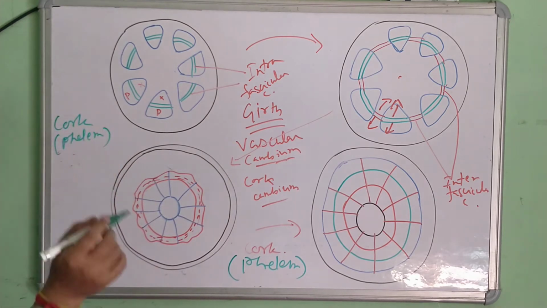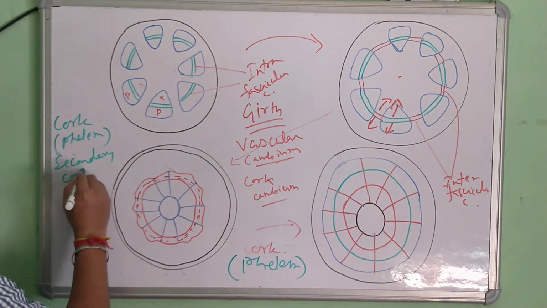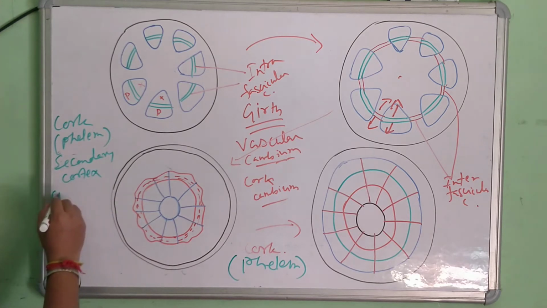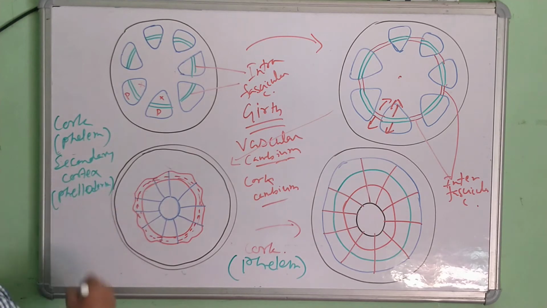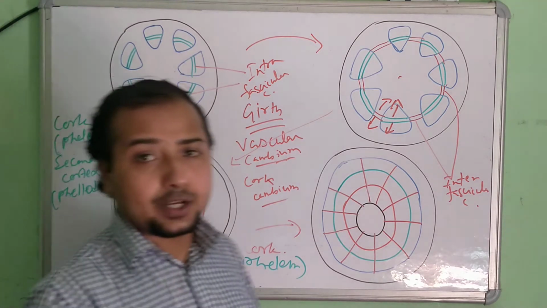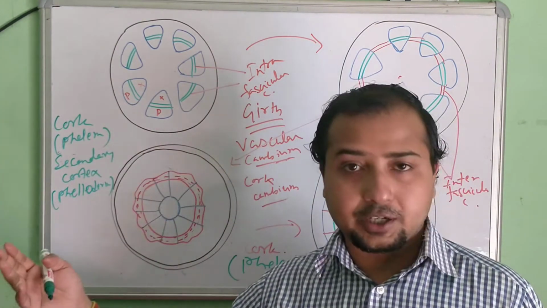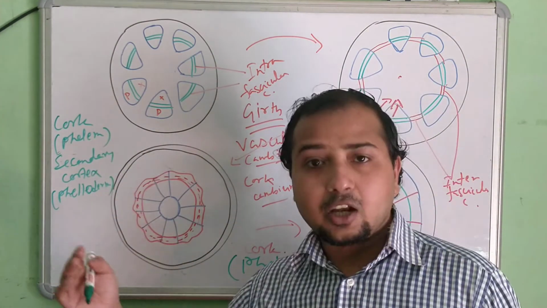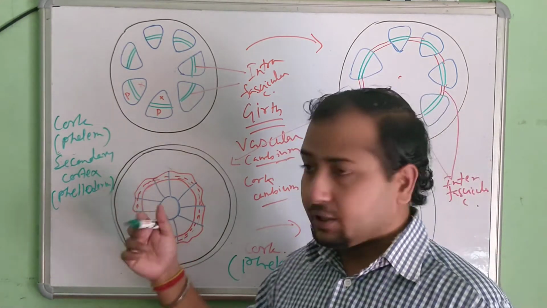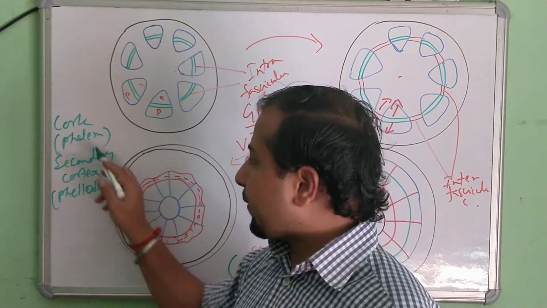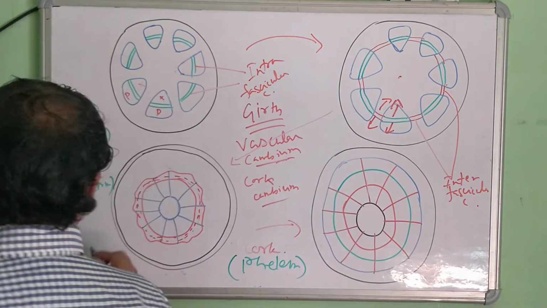The second protective layer is the secondary cortex, which is known as the phelloderm. Okay, so phellem and phelloderm, the cork and the secondary cortex: the cork is the outermost protective layer and the secondary cortex is the lower, second protective layer.